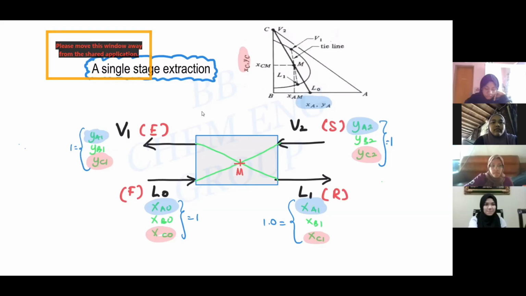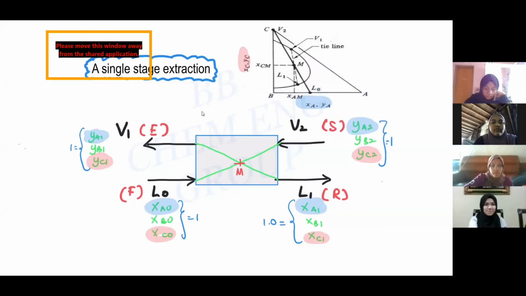If you have your L1 and you have your M, the information for V1 should not always be given to you.